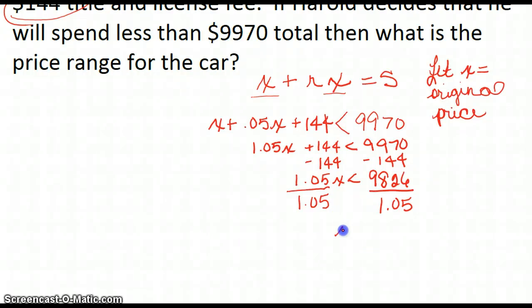I get that X is less than, and then it comes out to a crazy, crazy decimal, 9,358.09528. Well, we're going to round that to the nearest cents.